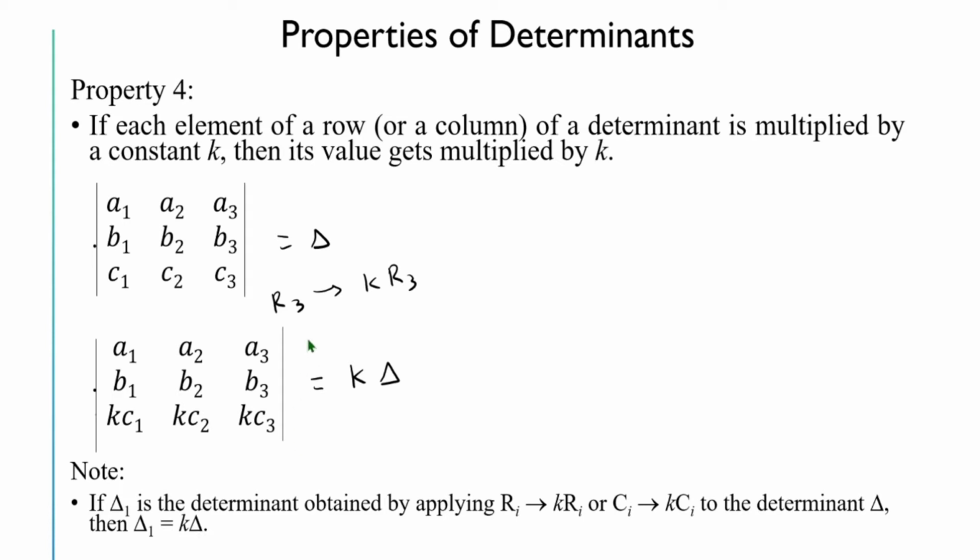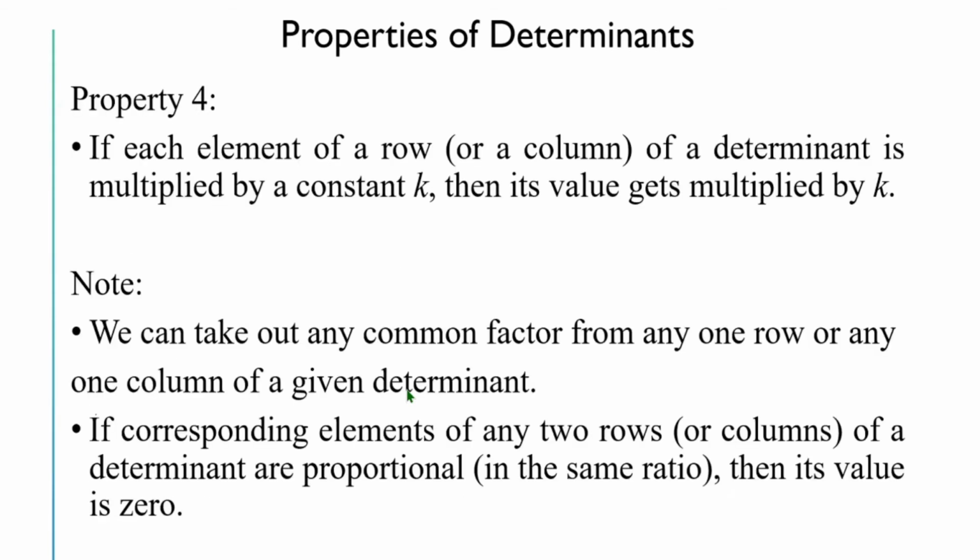Based on this property, we can take out any common factor from any one row or any one column of a given determinant, and if corresponding elements of two rows or columns of a determinant are proportional, then its value is again 0. So based on this property, we have these results.